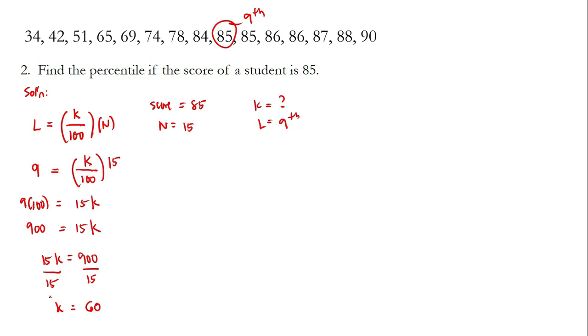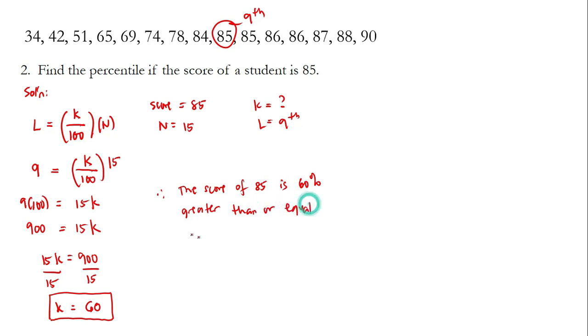What can we conclude? We got that the percentile for the score of 85 is 60. Then we can say that the score of 85 is 60% greater than or equal to the other scores. But in this case, 60% greater than.